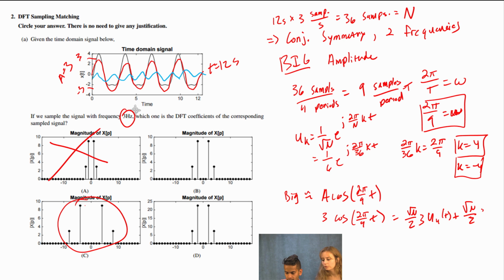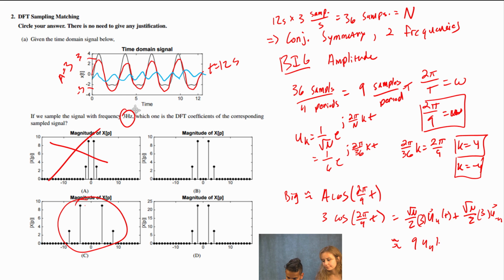And again, what he's doing is just converting cosine to a sum of complex exponentials and matching those with the u_k's that we have. And this root n over 2 gives us a factor of 3. So root n is 6, right? So this is 9 approximately, right? Okay.